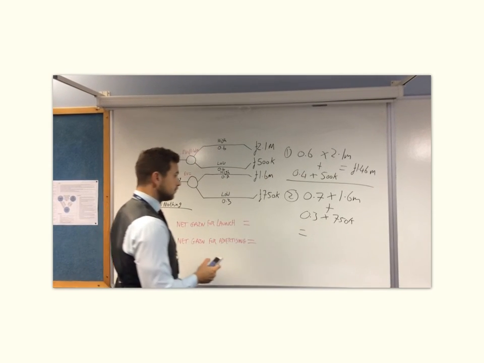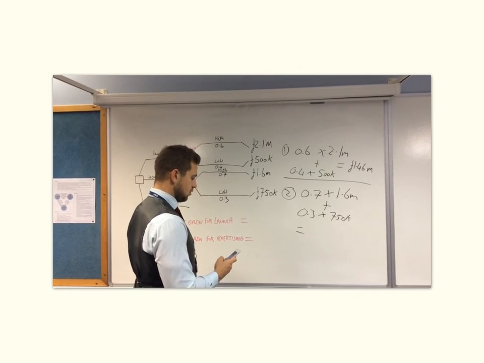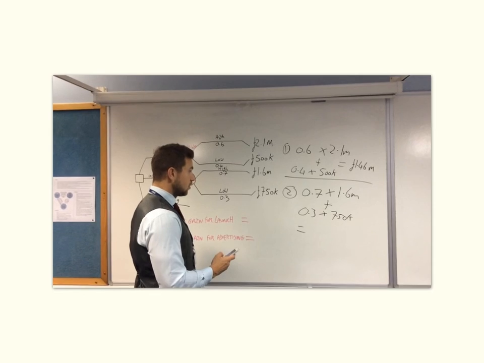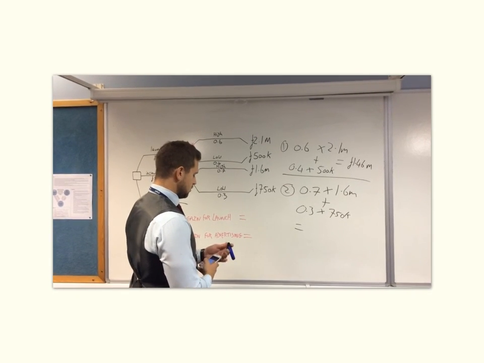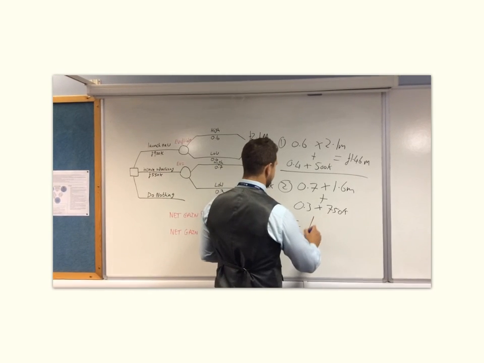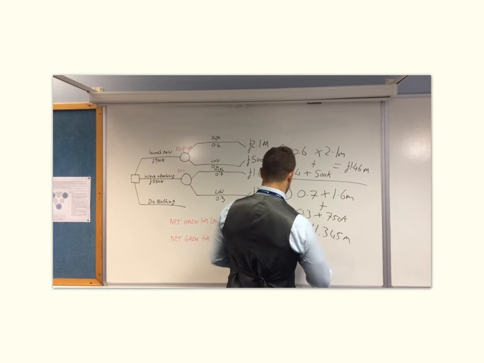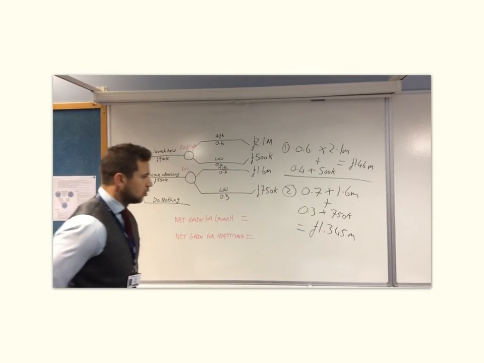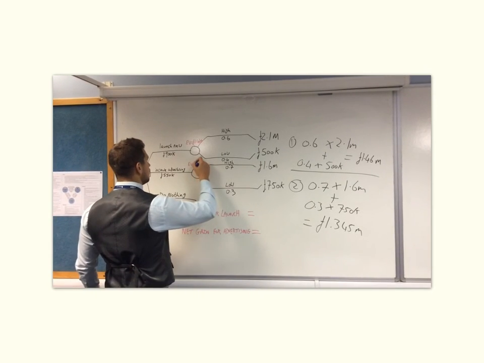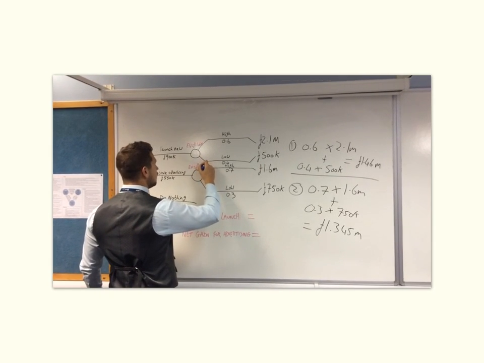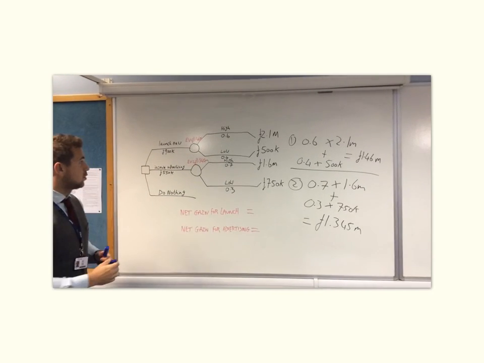Let's just work that out. So 1.345 million. Again, we'll record this above the circle. 1.345 million. Okay, so now we've calculated the two expected values.